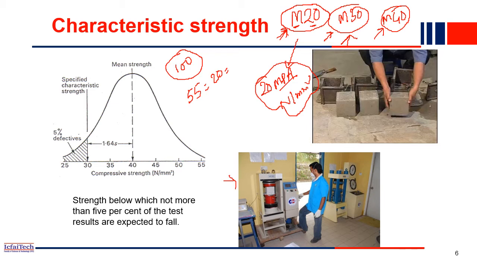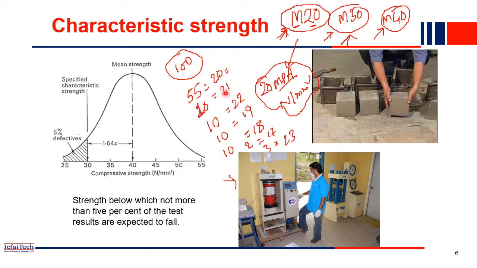Maybe 10 samples will give you 21. 10 samples will give you 22 compressive strength I am talking about. 10 samples may give you 19. 10 samples may give you 18 MPa, right? Now maybe 2 samples may give you 17, and 3 samples may give you 23. So in total, if you count, it will be 100. Okay, so this is just for demonstration purposes.